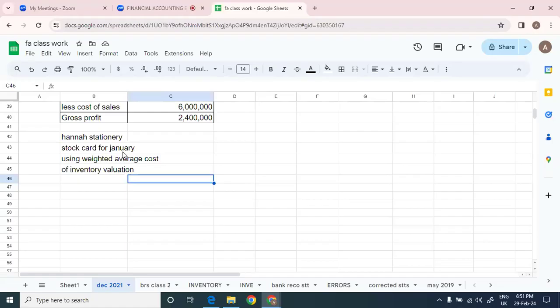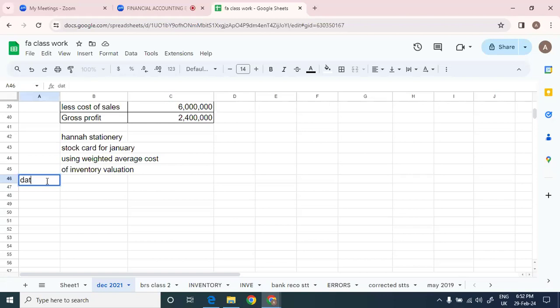Because we said consistency helps in measuring trends, whereby when you already have your ratios, you will not get confusion. But when different methods are used, there will be too much confusion. Here, when we use FIFO, first in, first out, our profit is 2.4. Let's see if we use weighted average cost, how much do we get? Then we make a conclusion.